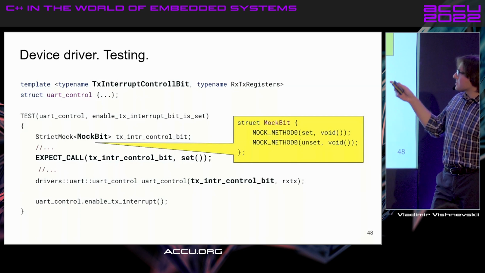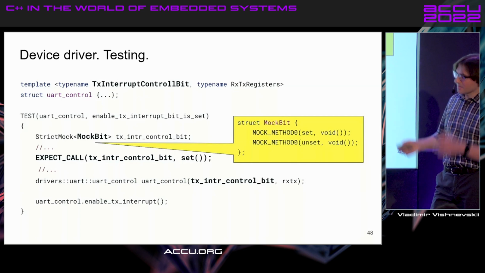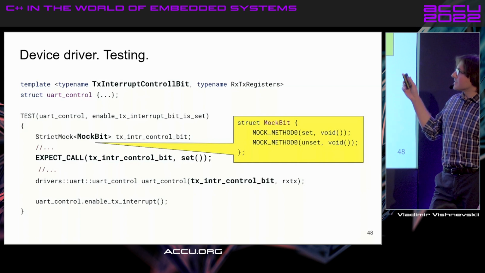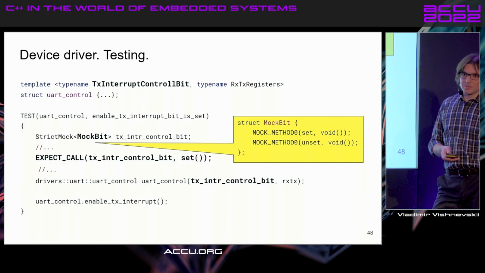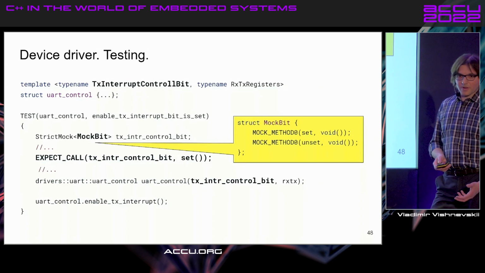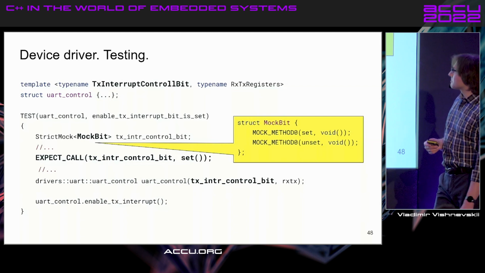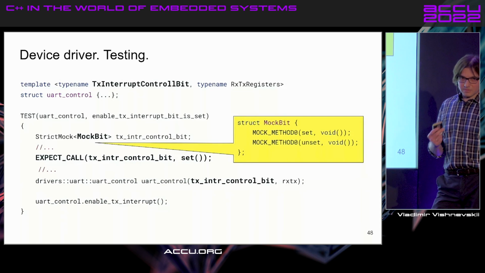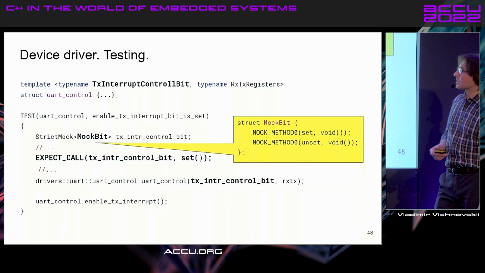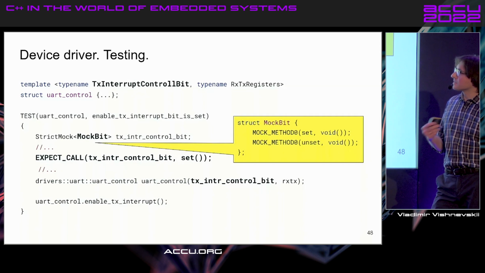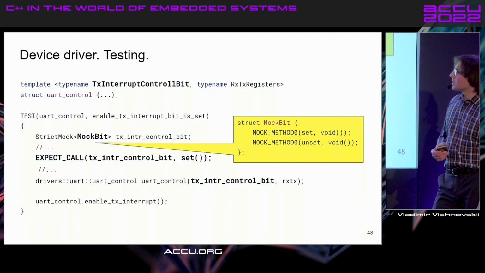This allows us to inject any type that basically behaves like this bit, and in our case that will be a mock that has this set of functions. So the driver that we implement allows us, without introducing overhead, to test the correctness of our logic. I personally find this crucial for implementing reliable and maintainable software, embedded especially.